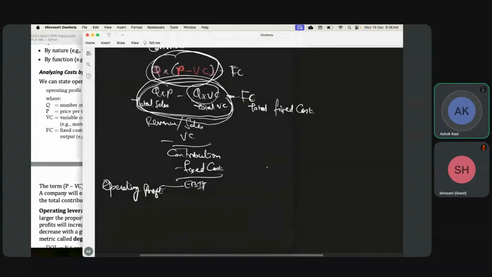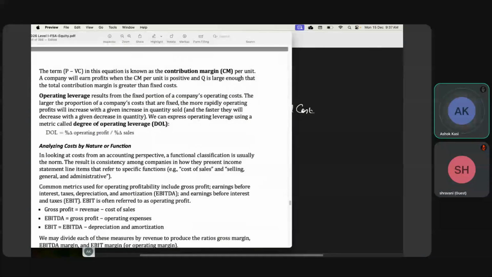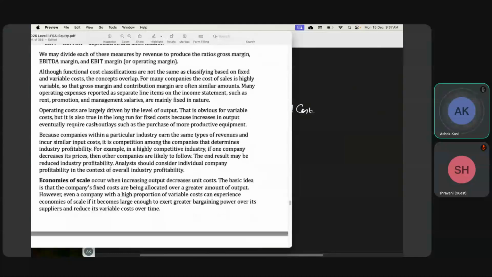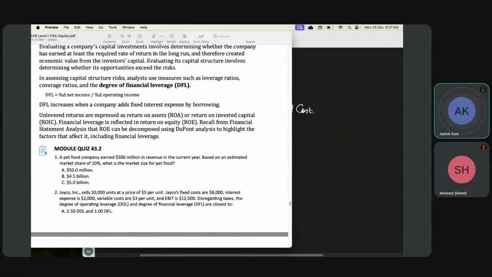Is it okay? Fine. Yes, sir. Okay. Degree of financial leverage, all those are there. This is earning after tax or net income divided by financial leverage. This is EBIT.